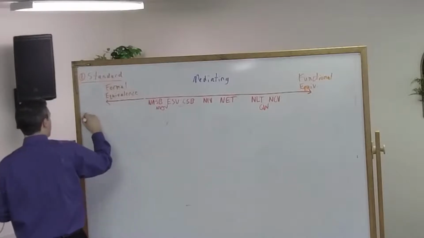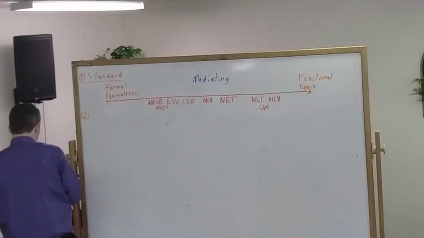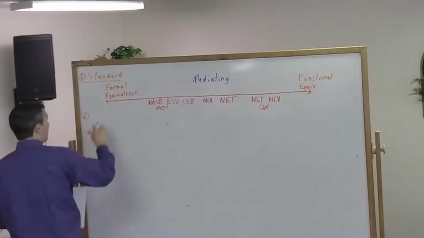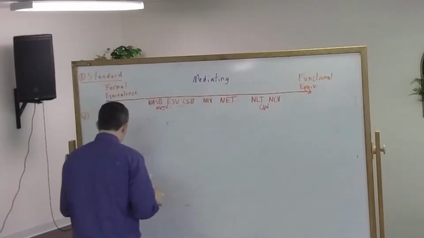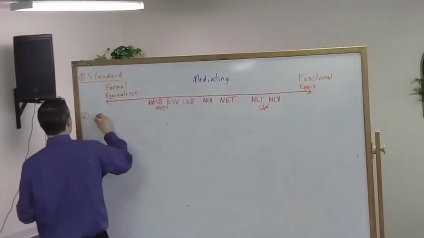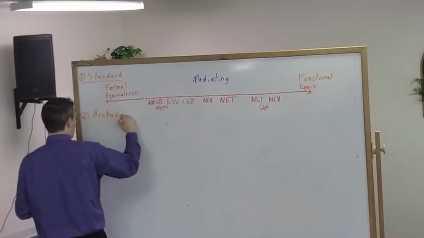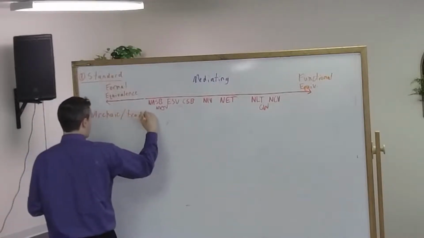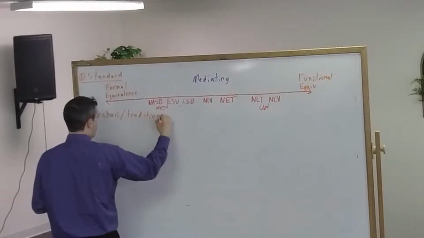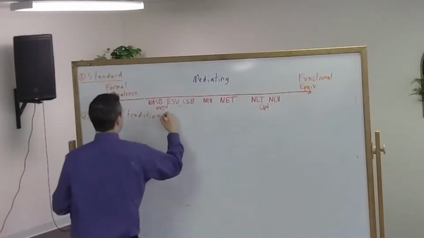Now we'll do number 2. This is a different kind of chart, but the same concept. Instead of formal, mediating, and functional, we're going to call this archaic or traditional.